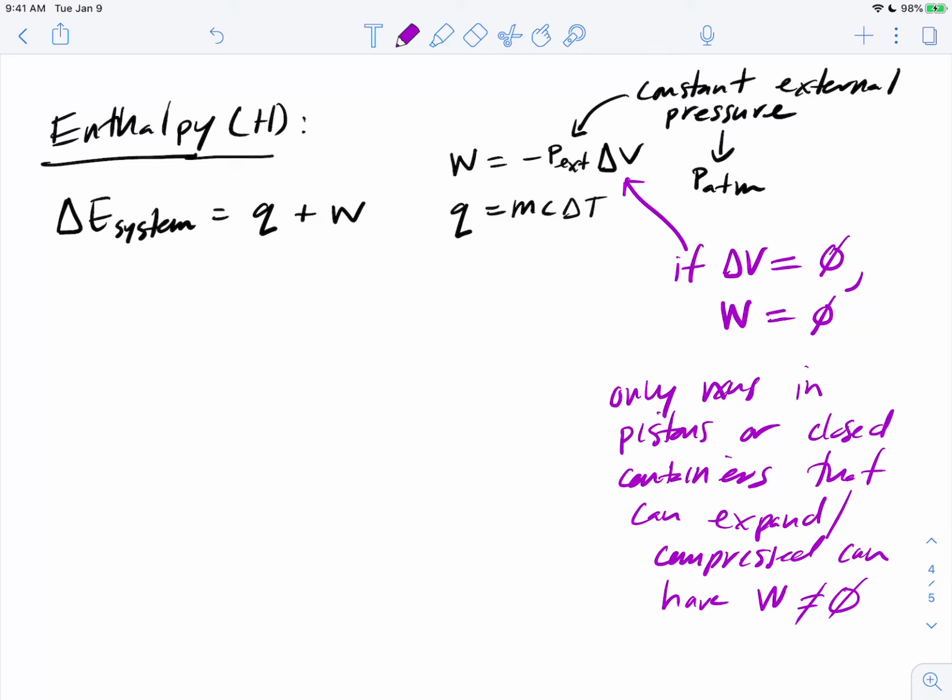And that doesn't happen a lot. If you're in any beaker, then that won't be the case. So that's the first thing.